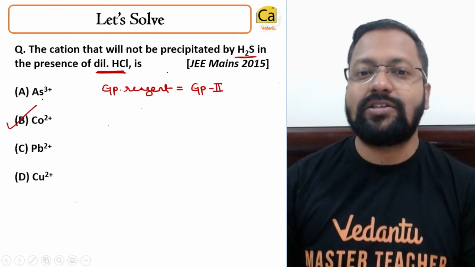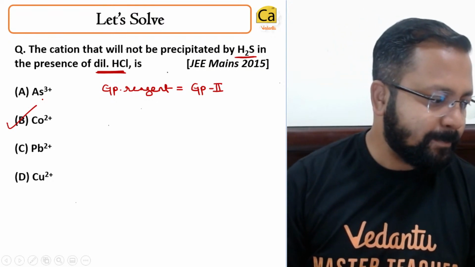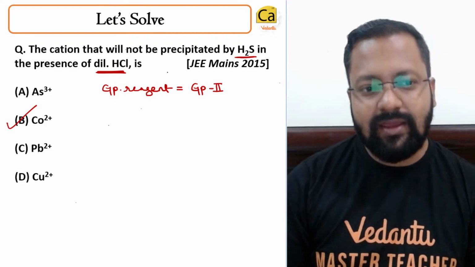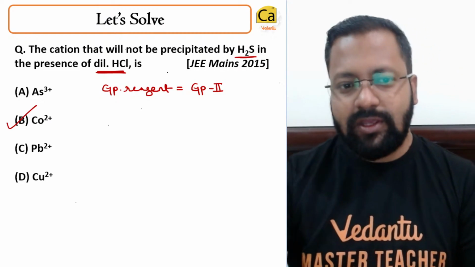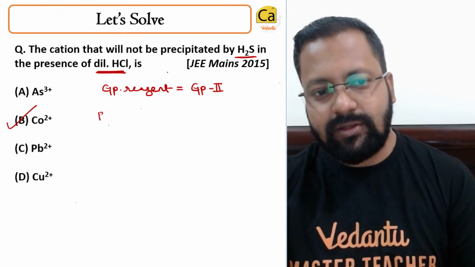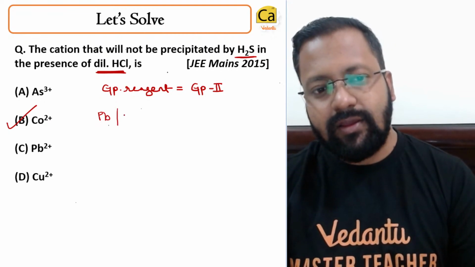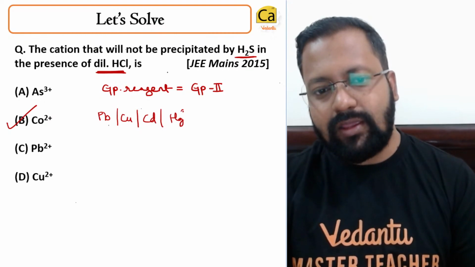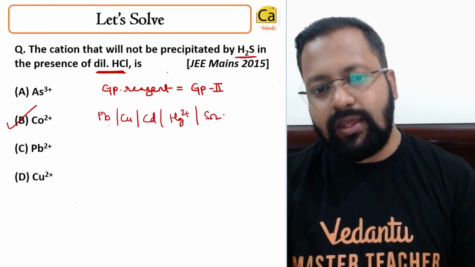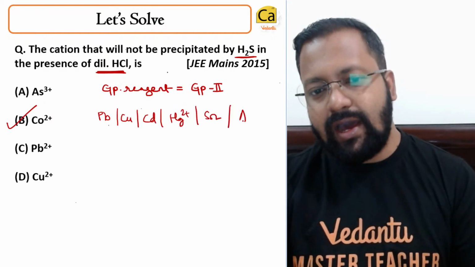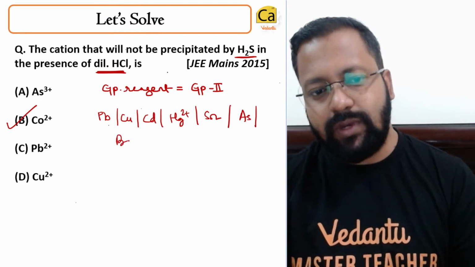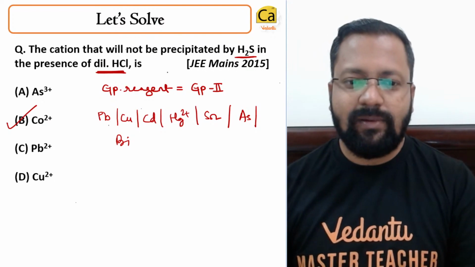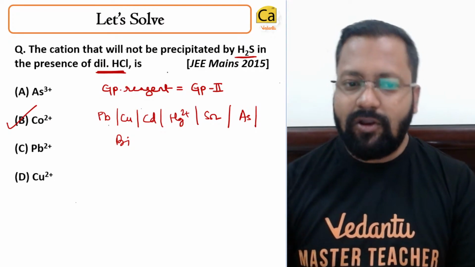The right answer is B. Group 2 contains lead, copper, cadmium, mercuric, tin, arsenic, bismuth. All of these are present.